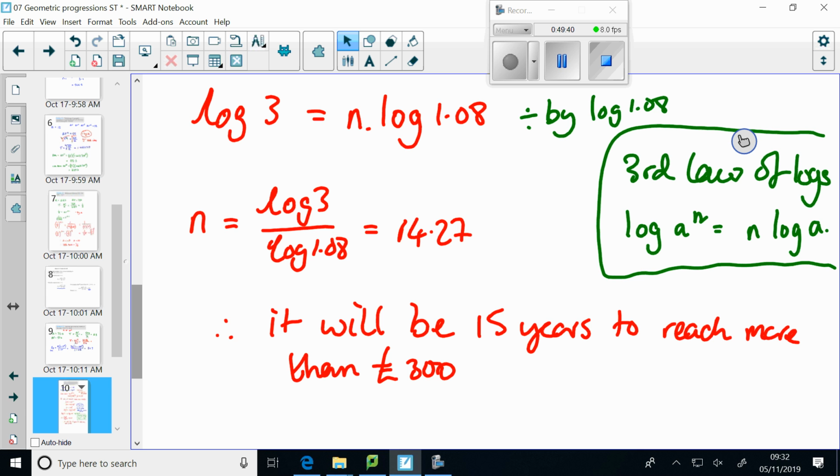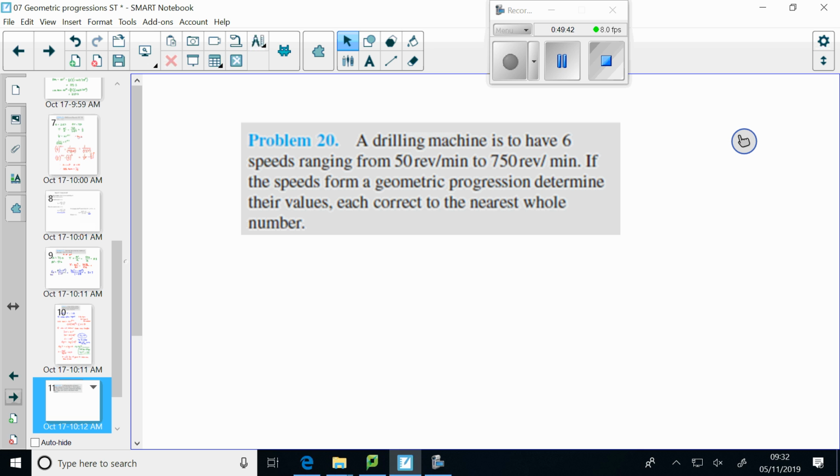Right. One more, and then you can have a go at some problems on your own. A drilling machine, so this is a typical engineering use. A drilling machine is to have 6 speeds ranging from 50 to 750 revs per minute. So what can we get from those two things that have been given us?